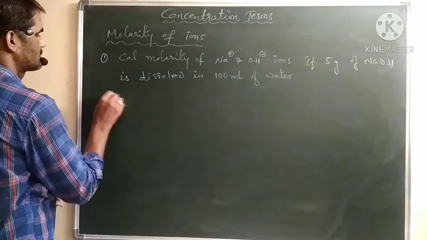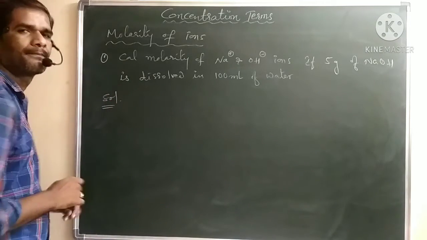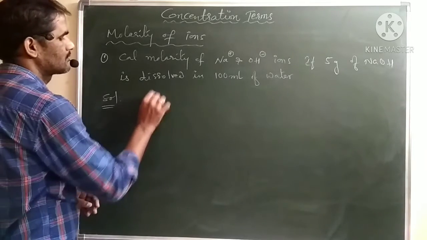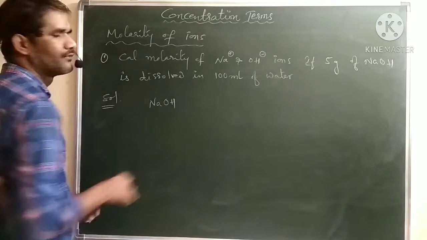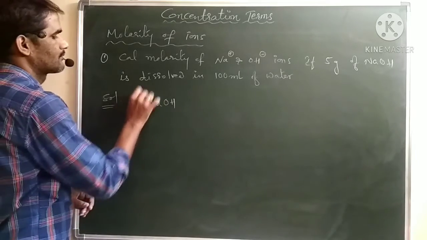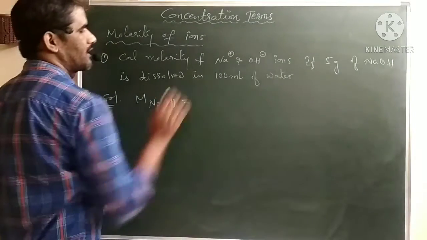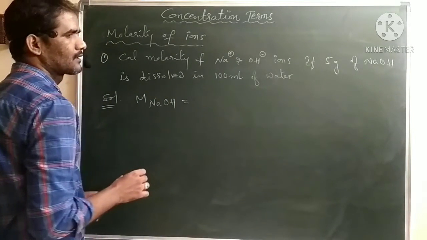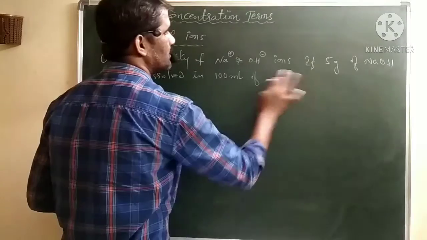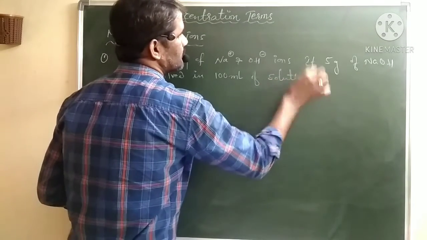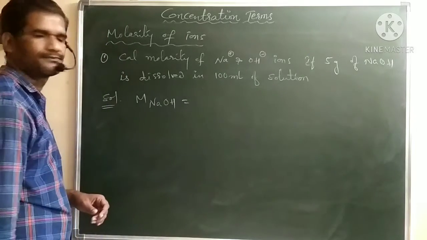So for this, first calculate the NaOH concentration, the molarity of NaOH. What is the molarity? 5 grams in 100 ml. Sorry, 100 ml of solution, not water, in 100 ml of solution.